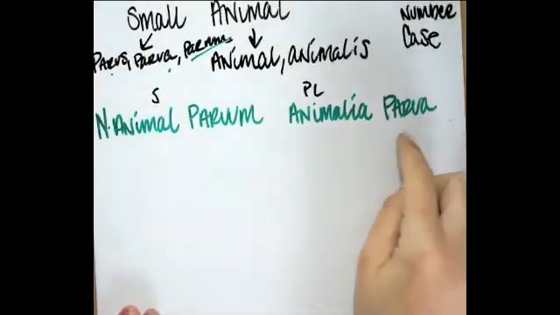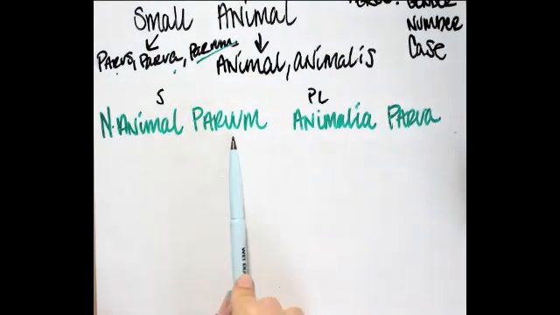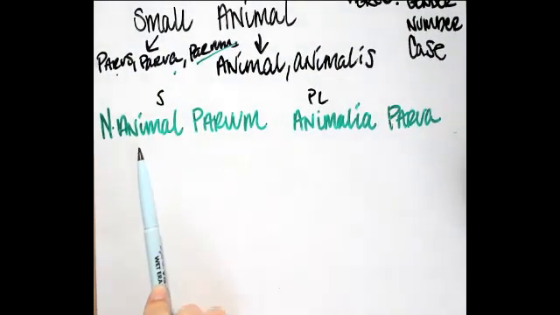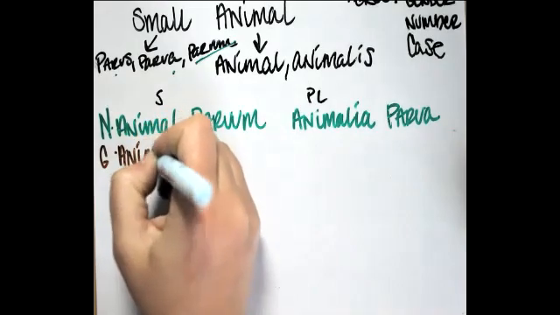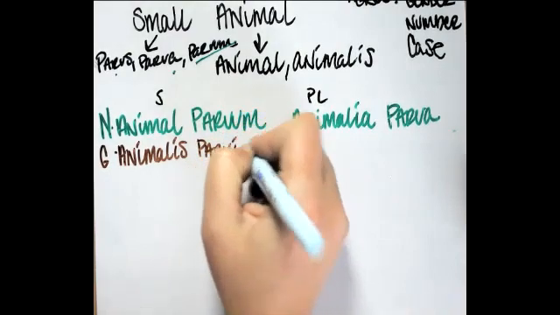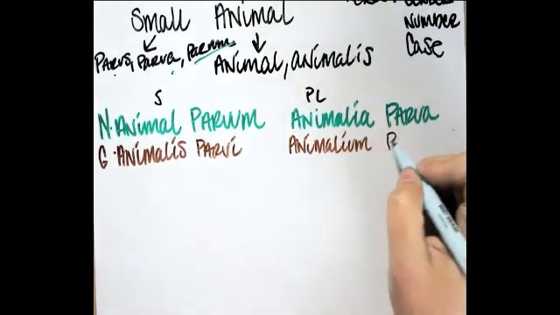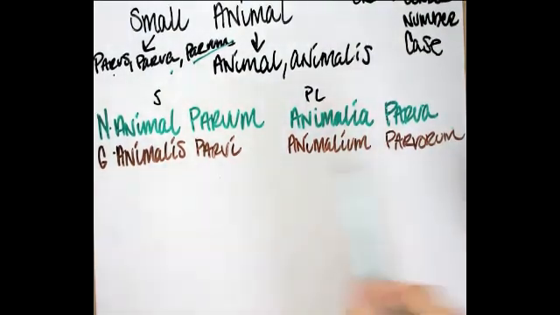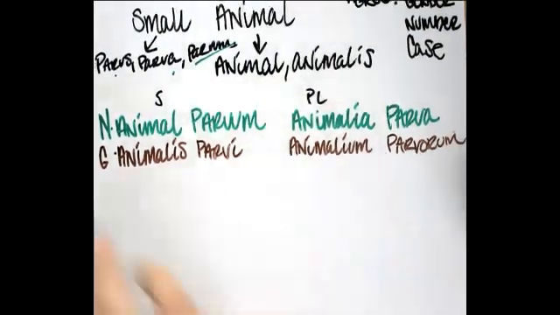So our adjective is going to follow the rules of a second declension neuter, while our noun is following the rules of a third declension neuter. Our genitive is going to be animalis, parvi, animalium, parvorum. Of the small animal, of the small animals.